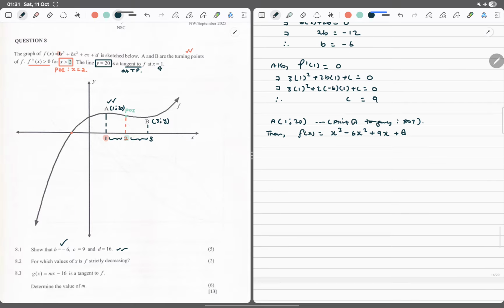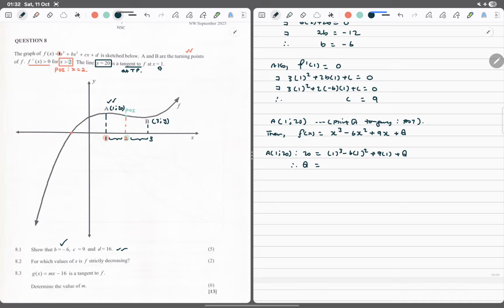Right, okay, easy stuff. So we know that with A as (1, 20), this is going to be 20 equals 1 cubed minus 6 into 1 squared plus d.